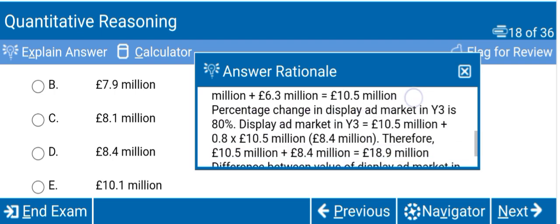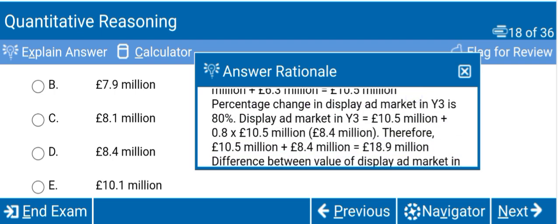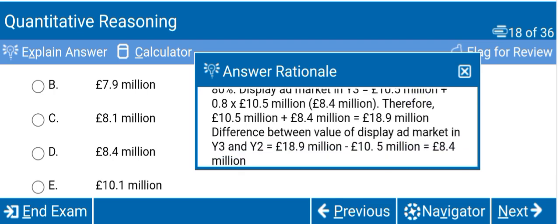So the percentage change in display ad market in year 3 is 80%. That is, display ad market in year 3 equals 10.5 million pounds plus 0.8 multiplied by 10.5 million pounds. Therefore, 10.5 million pounds plus 8.4 million pounds equals 18.9 million pounds.